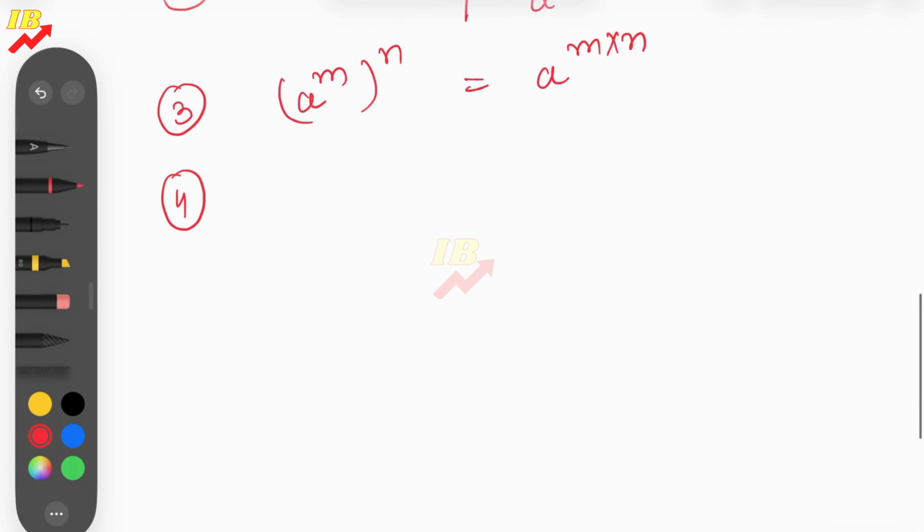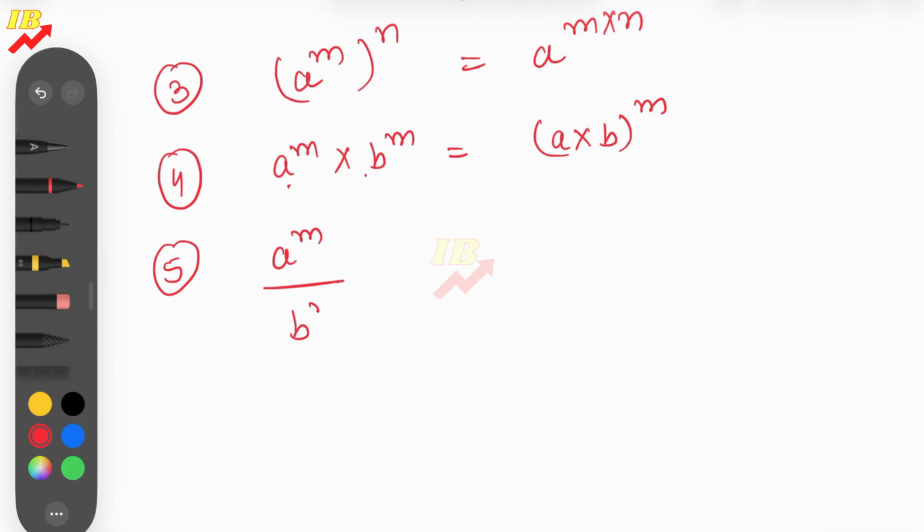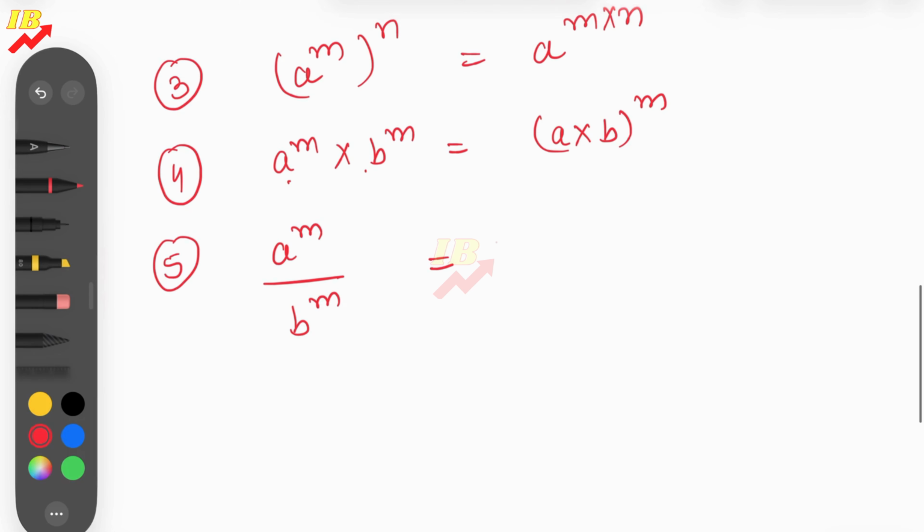Next one is a to the power m times b to the power m. Now you can see that the bases are different here, so it's a times b and whole power m. Similarly, for the division, if it is given something like this, then you write it as a by b whole power m.